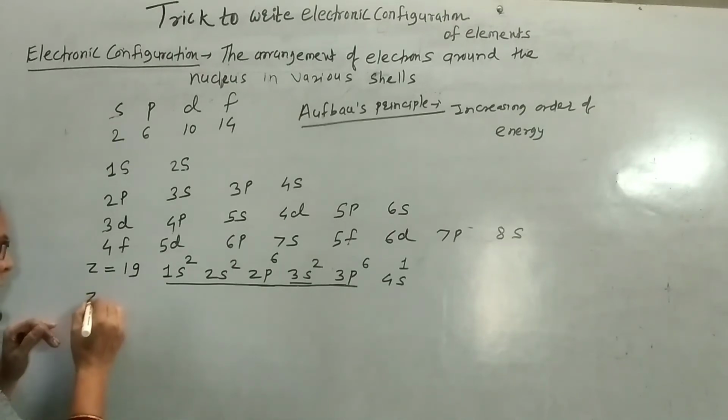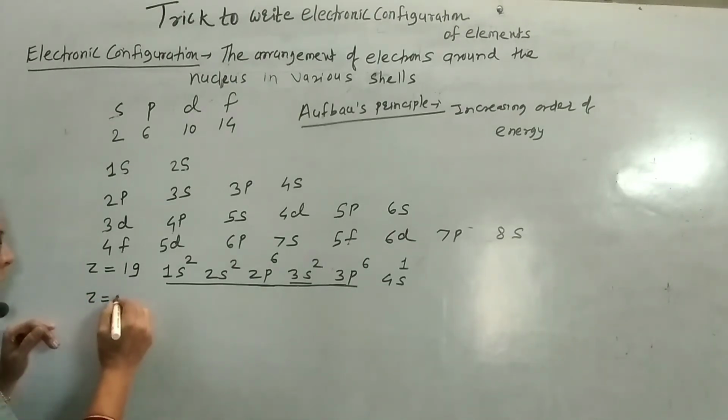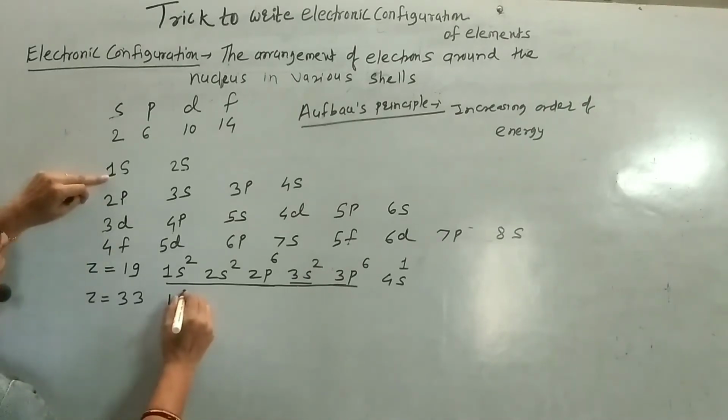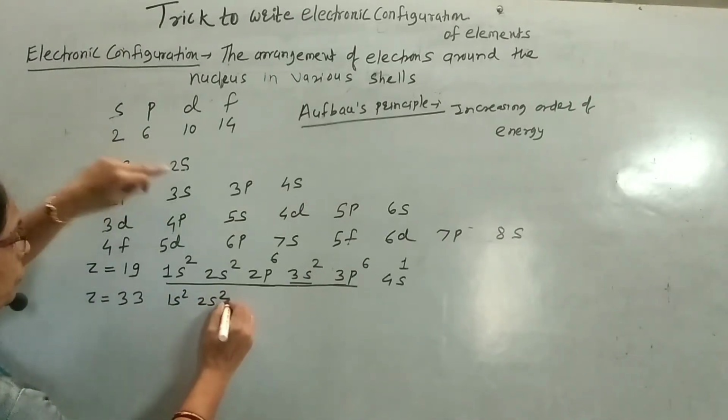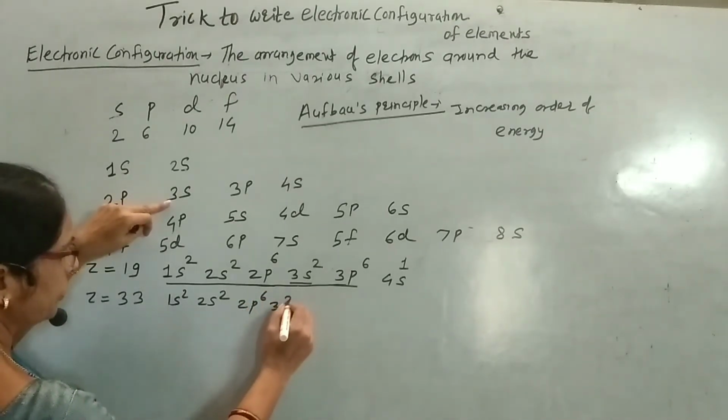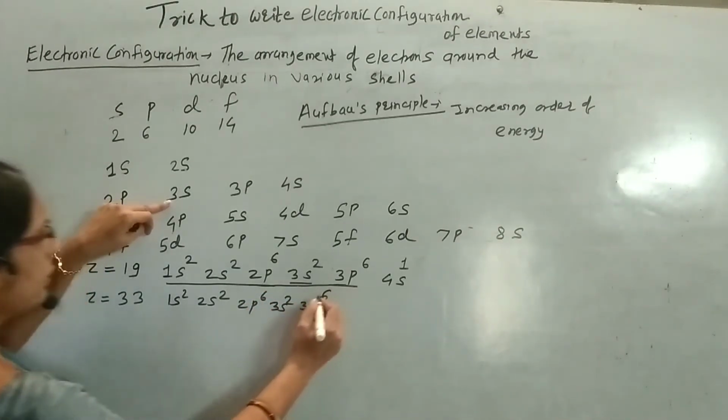Suppose I consider the element having atomic number 33. So we go this way: 1s2, 2s2, 2p6, 3s2, 3p6.